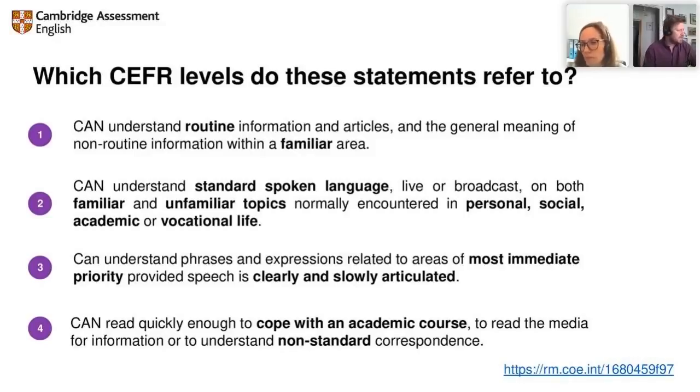Where do these can-do statements come from, Victoria? They come from the CEFR, the Common European Framework of Reference. You can see the link on screen. And it is a document produced by the Council of Europe in collaboration with different exam boards. And we have been talking about these throughout nearly all of our webinars, so I'm sorry if you've heard it before.